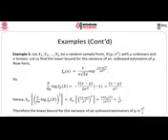Therefore, the lower bound for the variance of an unbiased estimator of μ is equal to σ²/n.